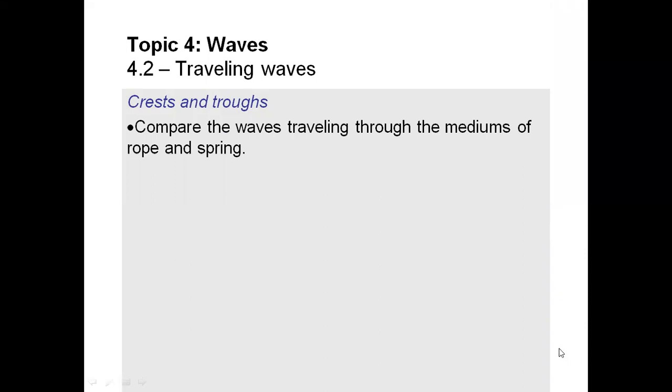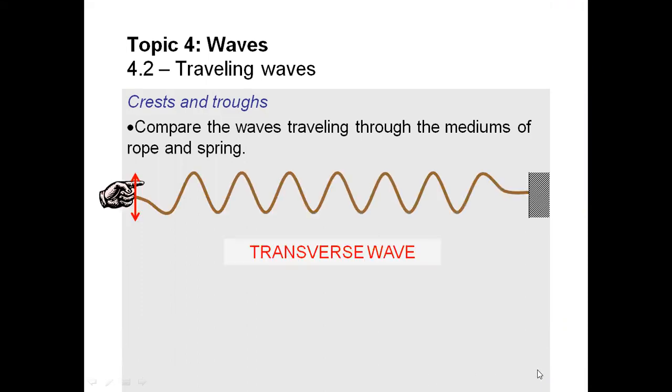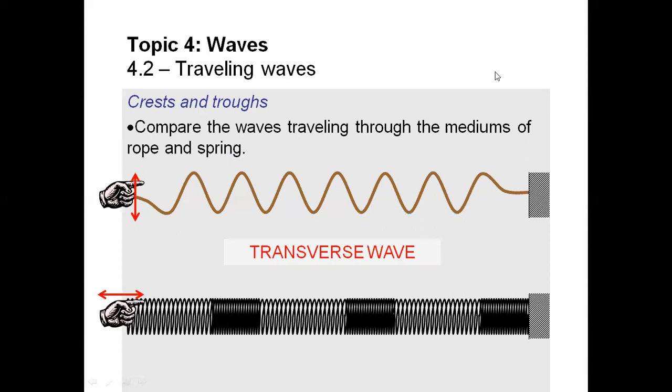Compare the waves traveling through the mediums of rope and spring. We said that when we move our hand up and down, we will be able to produce a transverse wave.